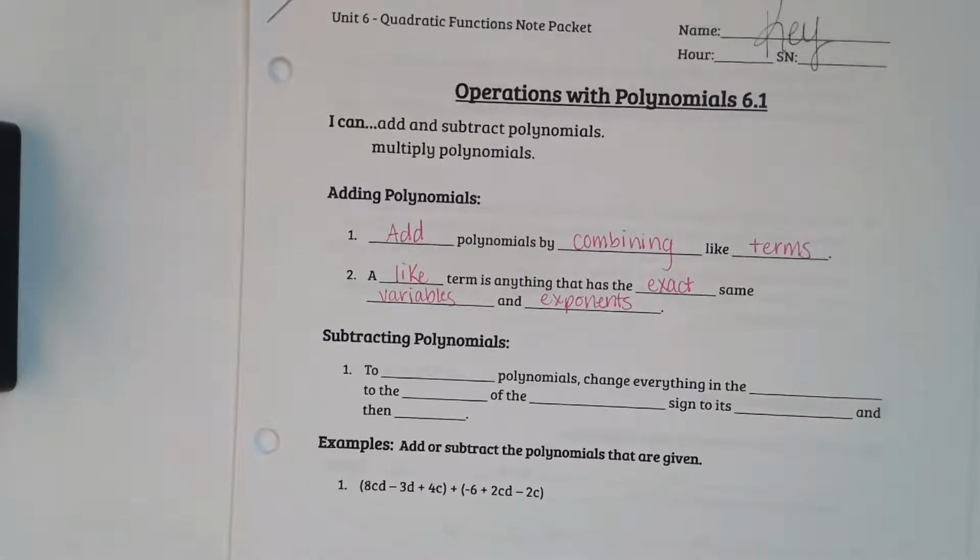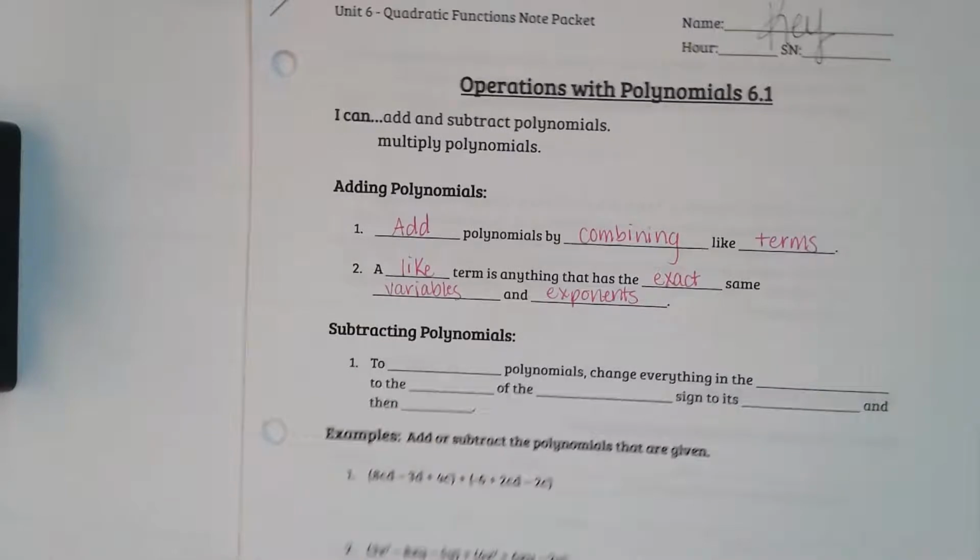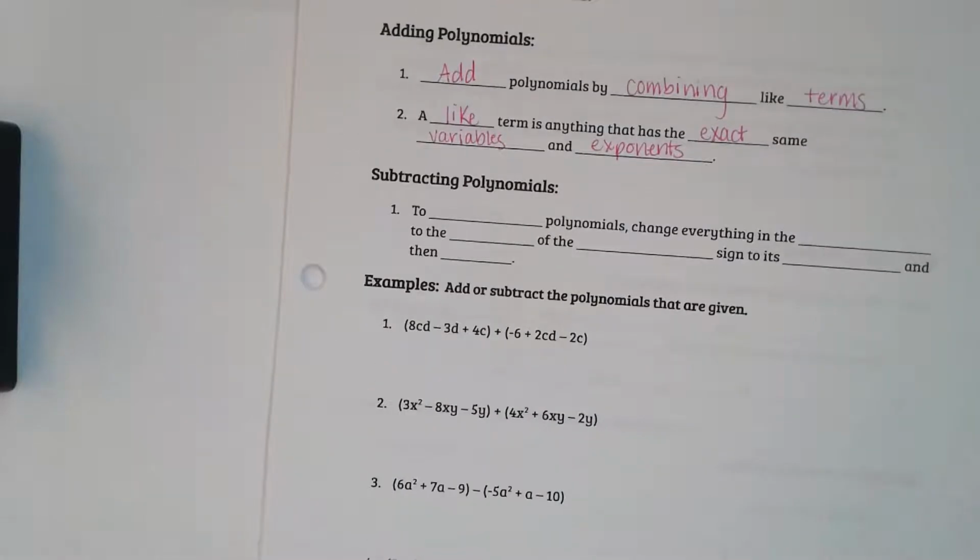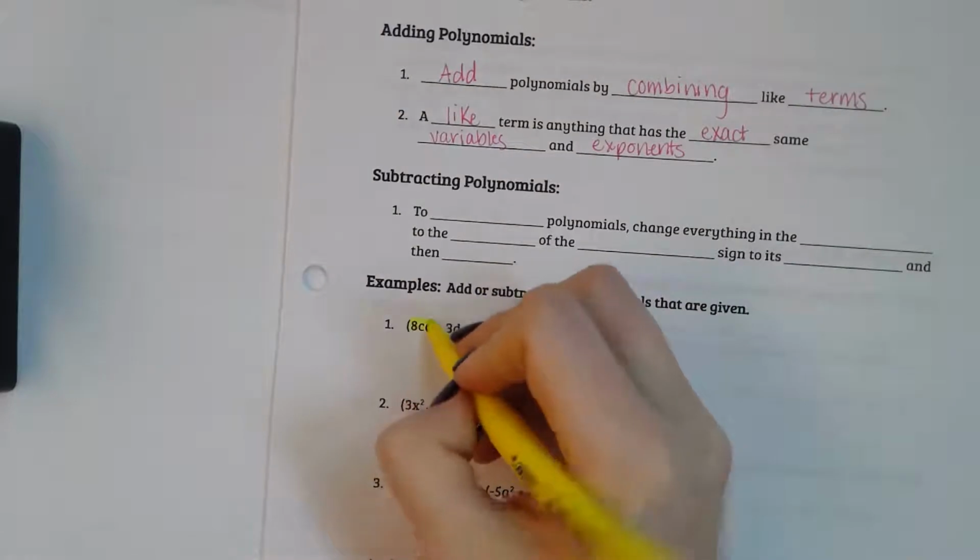Okay, so we're going to skip down to some of the adding examples first. For me, I like to go through and highlight our like terms in different colors just so that we can easily see them. So I've got this 8CD.